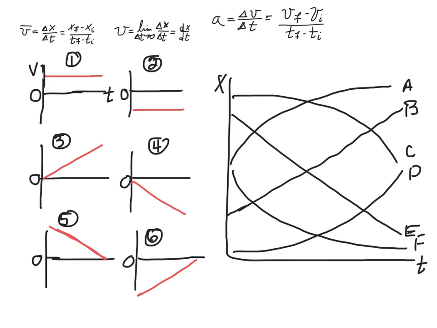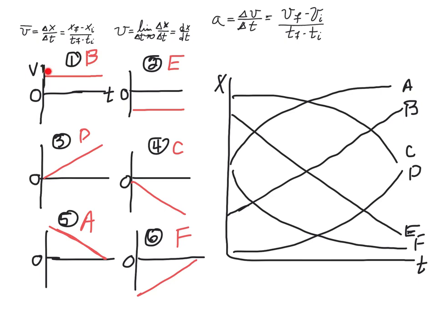So go ahead, give it a try, and then come back and see what I have to say about it. So remind yourself, on the position time graph, the slope is the velocity. And so we're matching slopes over here as you did in the last one, but it's the reverse direction.